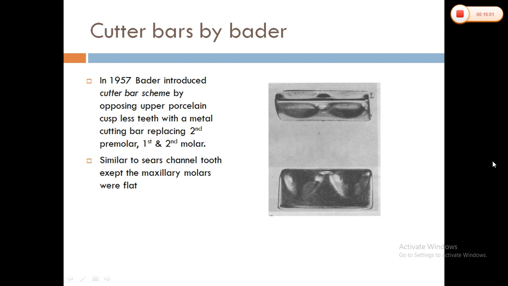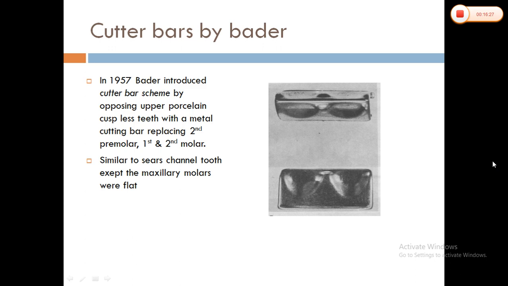In 1957, Bader introduced the cutter bar scheme by opposing upper porcelain cuspless teeth with a metal cutting bar replacing the second premolar, first and second molar. Similar to Sears channel tooth, except the maxillary molars were flat.